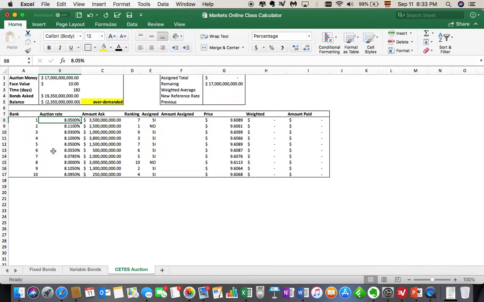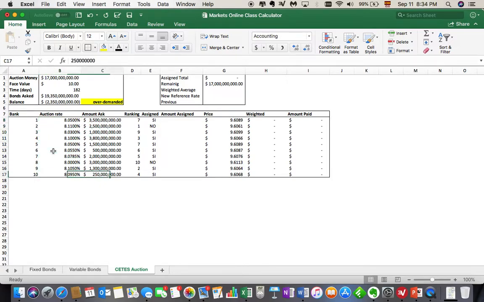Okay, so if they want to secure amount of CETES, they will go low on rate and pay higher prices, and if they are not very interested, they will go up in rate and low in prices. All right, so this is how I set it up. Okay, this is just random numbers, and each bank will put its rate and its amount.